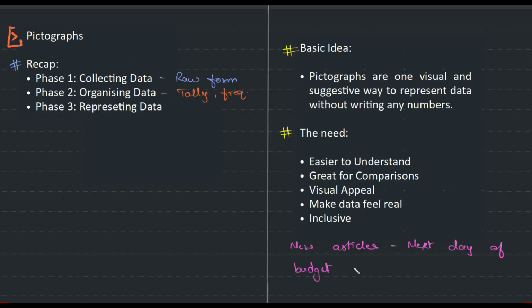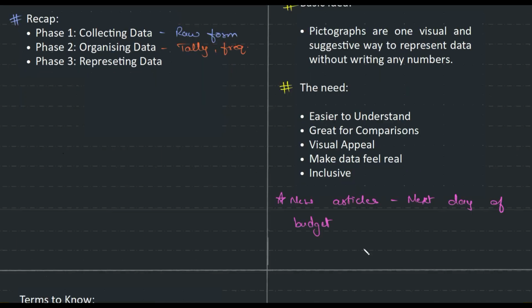You can ask your parents to help you with this. You will get a really good visual representation of many things. It is a good idea to have a look at, and you will get a good feel of what pictography is about.